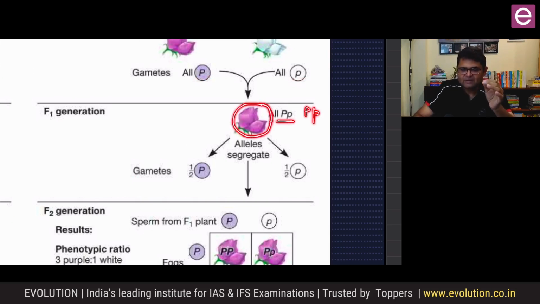That when a given factor has got two different alleles, in the heterozygotic condition, one of these two alleles will control the phenotype. For example, in this case, this one has controlled the phenotype because this one was making the flower purple, and because one copy of this is still there, therefore all the flowers are purple.